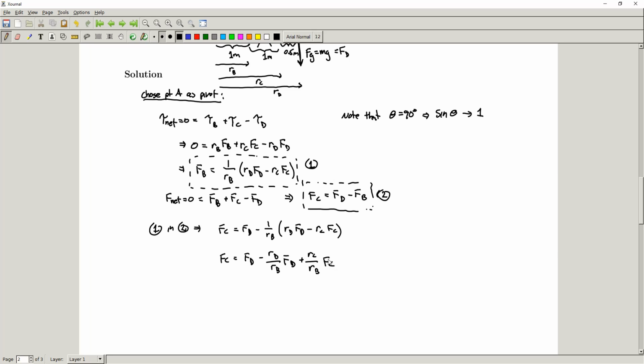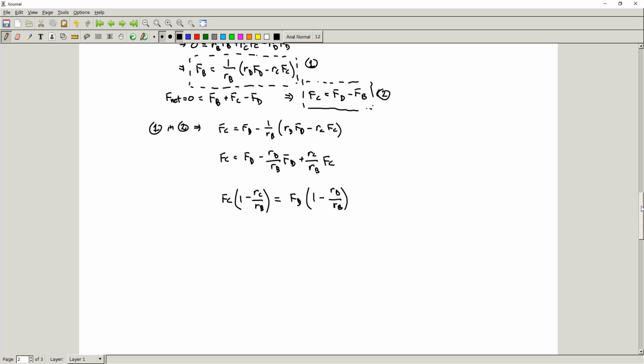and now we want to slide the FC term over to the left, and so we're going to end up with FC times 1 minus RC over RB is equal to FD times 1 minus RD over RB, right? And so maybe to clean things up, I'll multiply through by an RB. So we can see that we'd end up with RB minus RC equals FD times RB.